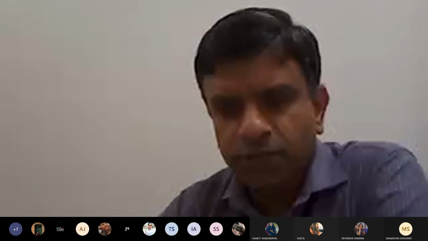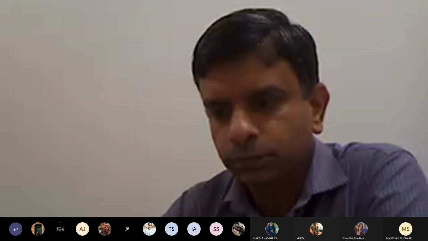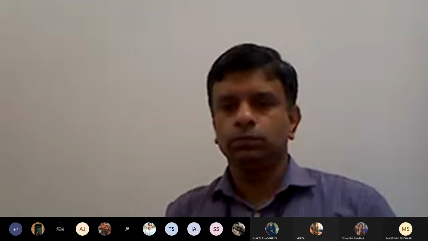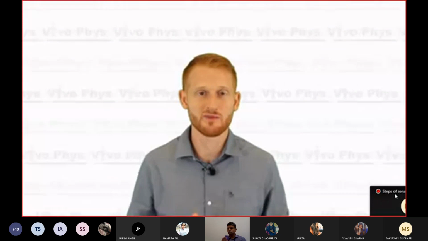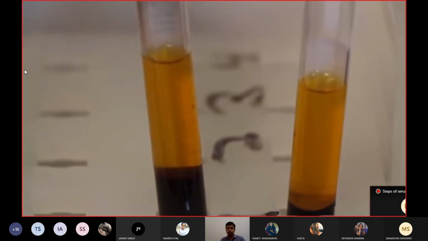Okay, so let's see further. So if you look at your tubes after they've been centrifuged, there's going to be a clear separation between the blood cells at the bottom and the clearer liquid on top.